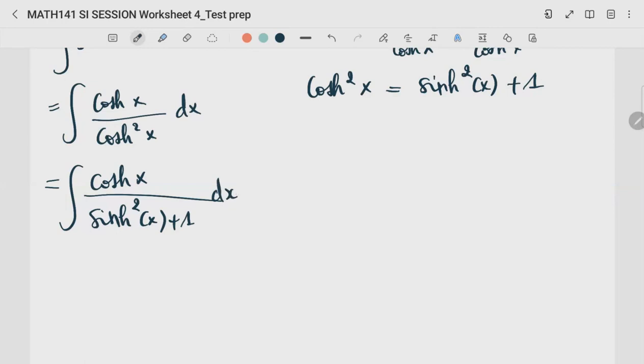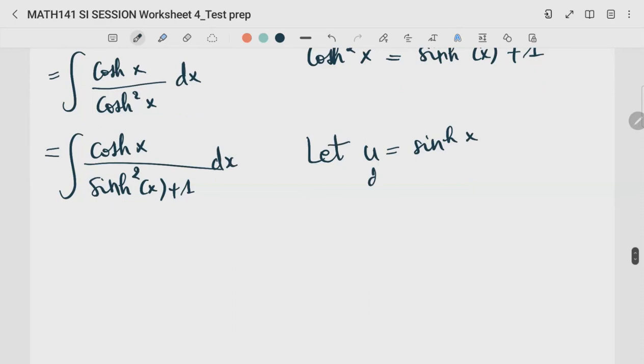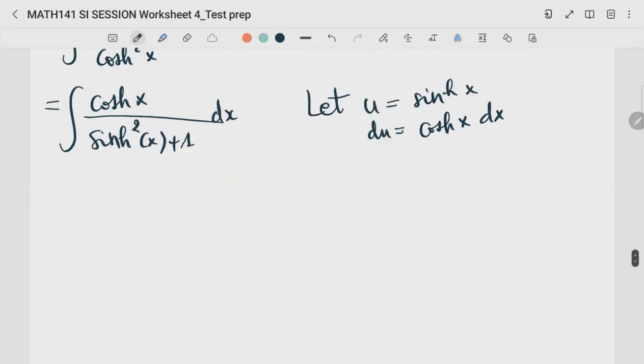And now we can use u substitution here, right? So you can let, for example, u be equal to sinh of x, meaning that du will be equal to cosh x dx. And right, so dx will be du over cosh x.